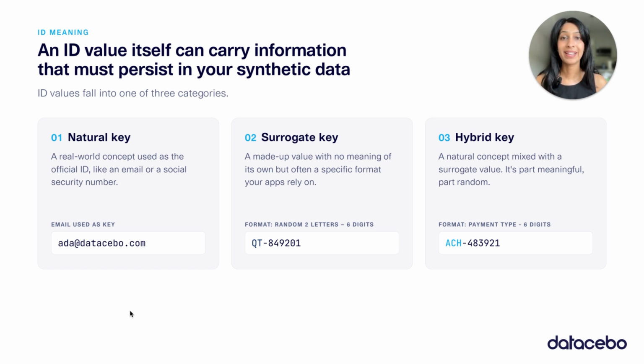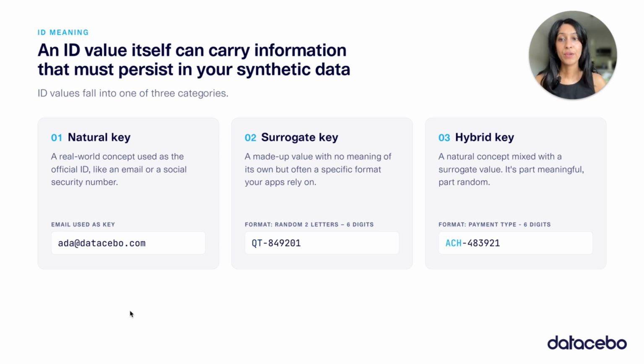It's completely meaningless on its own because its only purpose is to identify a row or link to another row. Still, it can have a very specific format, such as 2 letters and then a dash and then 6 digits. So it's important for synthetic data to capture this format so that you can accurately test any applications that would assume it. Maybe they need to actually be able to parse that format in order to function.